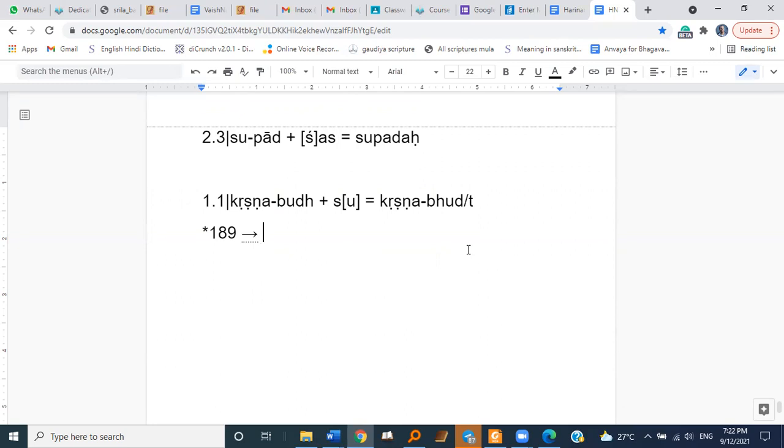So this sutra I'm explaining again. So it says that the beginning letter of dhatu becomes Hari Ghosha. When? So when, meaning like the points.